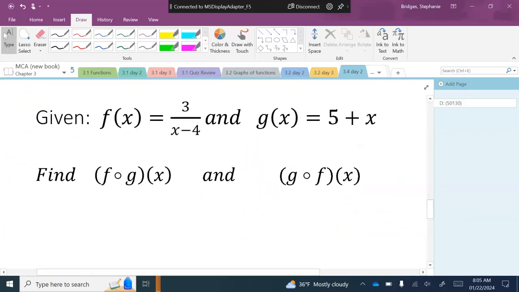Okay, this one is not as difficult. I would like for you to try this one, okay? This one's not going to end up with fractions inside fractions.